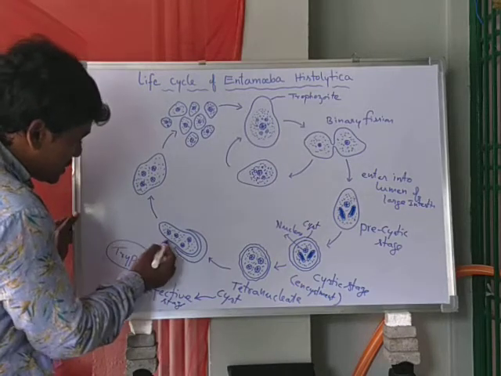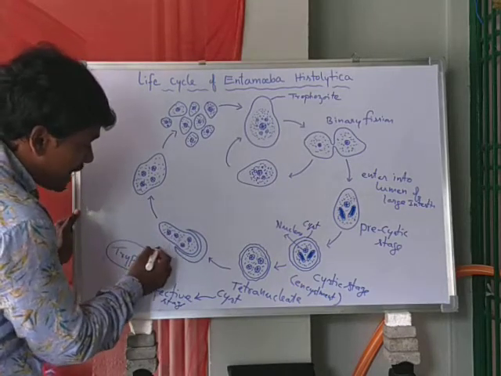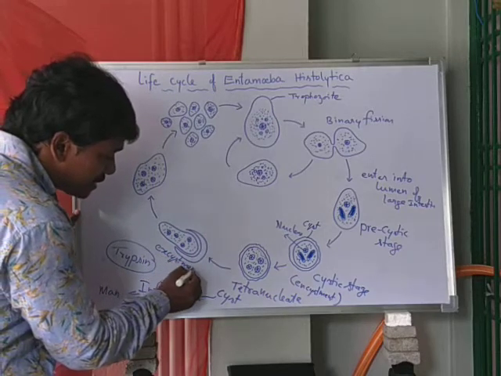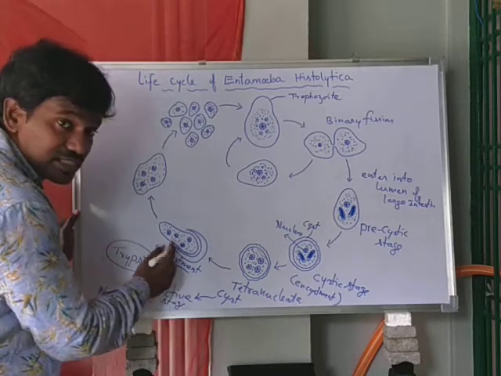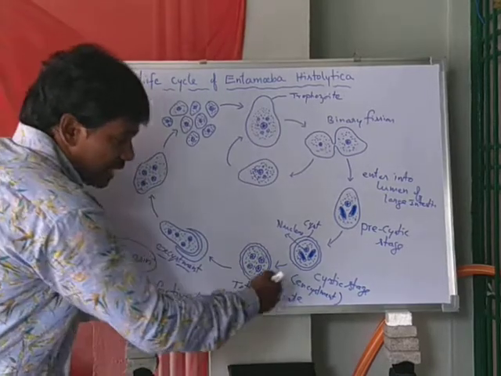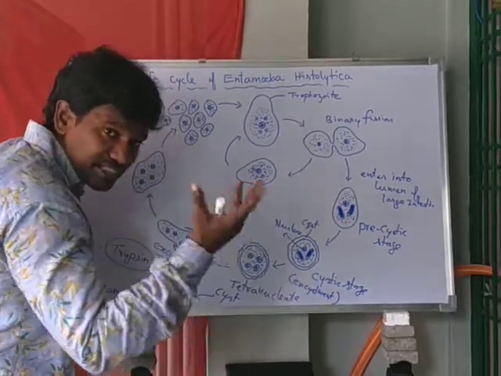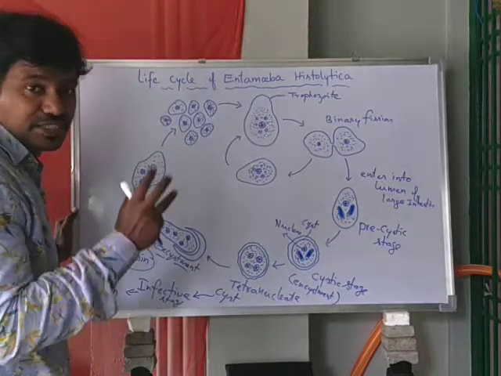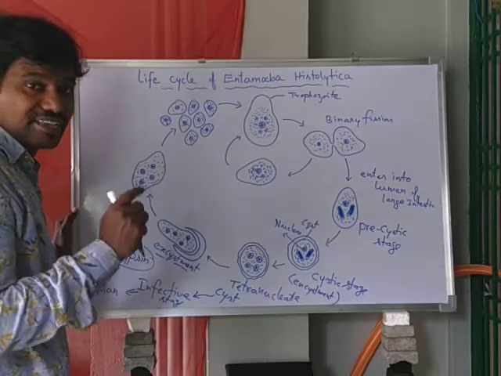This process is called excystment. Excystment means rupturing of the cyst. When the cyst is ruptured, the stage comes out. Encystment means the formation of cyst; excystment means after rupturing of the cyst.